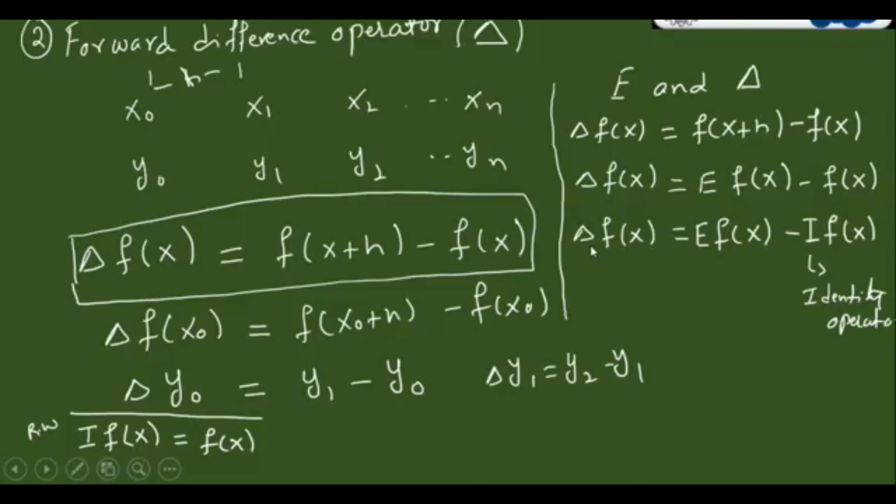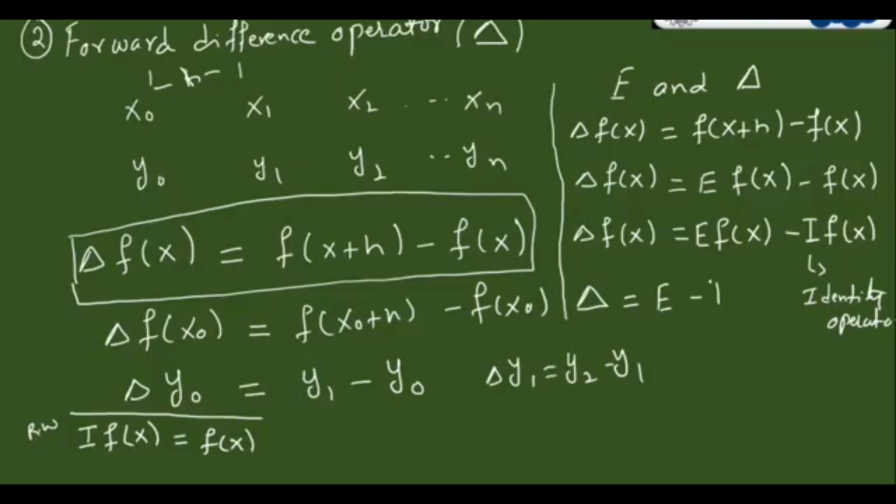We will get the same thing as the forward difference operator. So what we have now is a conclusion, just remove all f of x. In terms of operators, the forward difference operator is equal to the shift operator minus the identity operator.